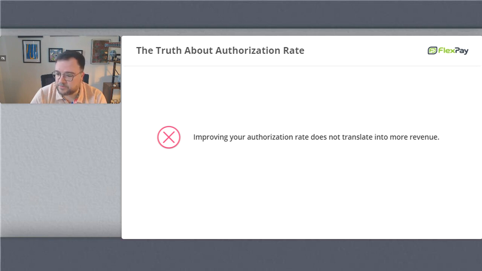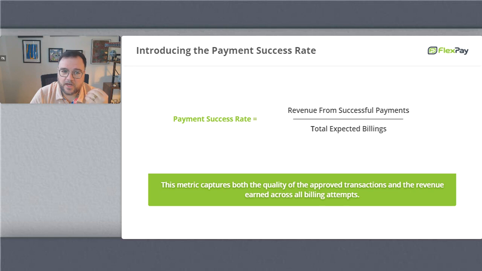And that's what I wanted to talk to you about today, about a metric that we call the payment success rate. This is a metric that you can use as a business to help capture the quality of the approved transactions and the revenue that is going to be coming out of those approved transactions. When you're using a payment success rate, you look at this as a cohort analysis.